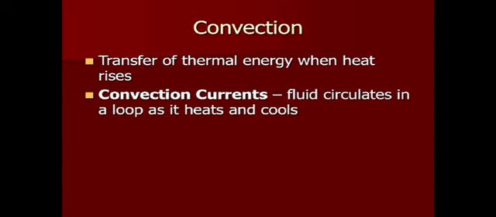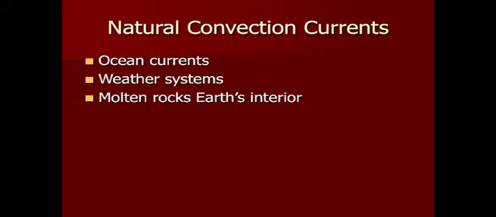A lava lamp is a perfect example of that. On a much bigger scale, we have ocean currents. We have our weather systems. Earth's interior does this. It's hot, and magma comes up to the surface, cools off, and sinks back down again. Hence, earthquakes, volcanoes, that sort of thing.